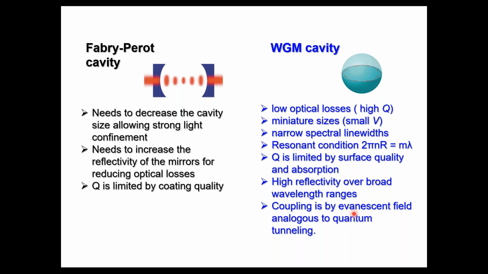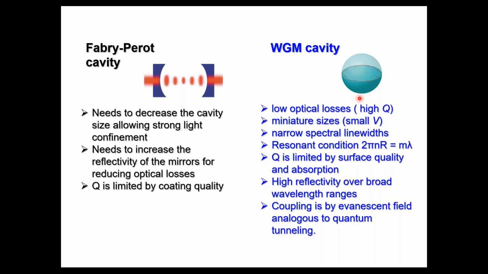Coupling is by evanescent field, analogous to quantum tunneling. So here coupling is not an external coupling. The light is not coupled from the external environment to the lasing cavity through the mirrors. But here the coupling happens in a manner similar to tunneling.